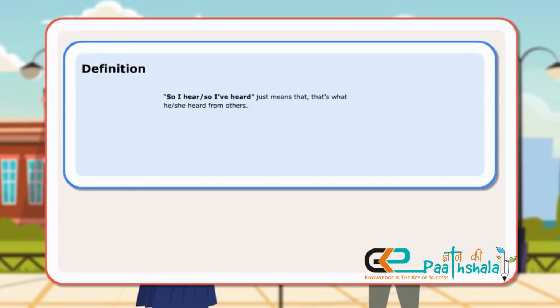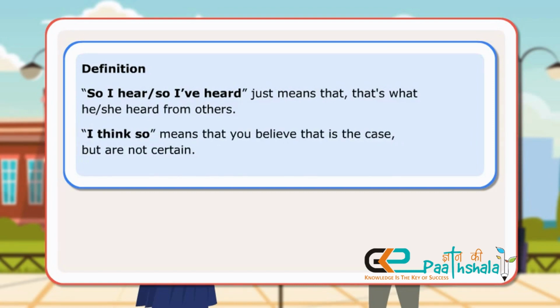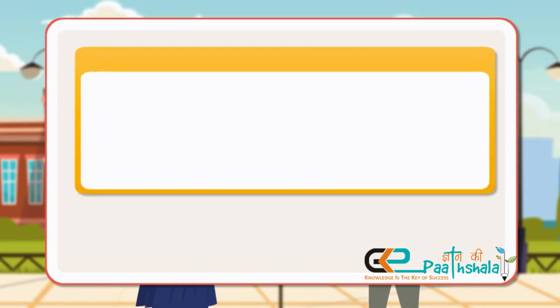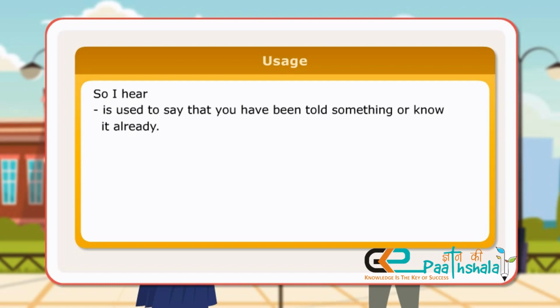Definition: so I hear or so I have heard just means that that's what he or she heard from others. I think so means that you believe that is the case but are not certain. Usage: so I hear is used to say that you have been told something or know it already.